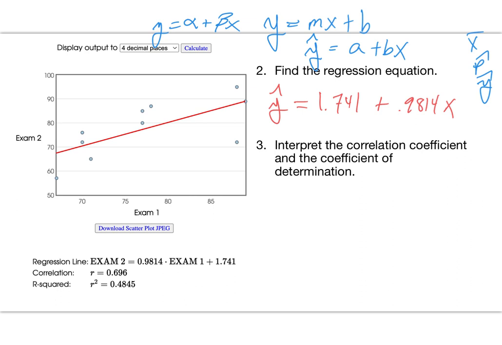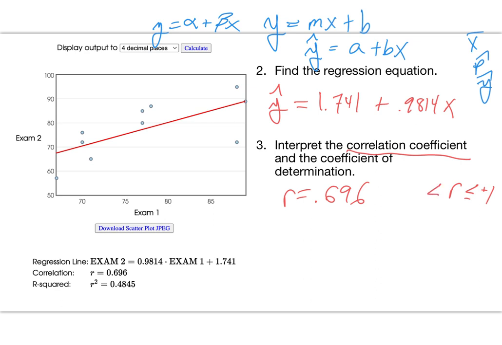And then the correlation coefficient. Correlation coefficient is R, 0.696. The correlation coefficient is my assessment of the linearity of the data. It tells me, is this data linear or not? The most R can ever be is positive 1.